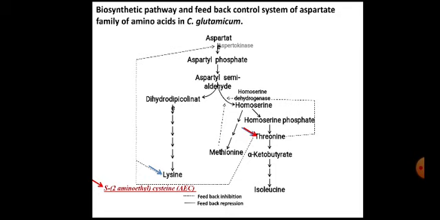This permanent damage leads to the death of cells, because the cell is no longer able to synthesize any of these amino acids. This is how the toxicity of AEC is due to permanent inhibition of aspartokinase. That means the site of toxicity of AEC is the site of control by lysine.